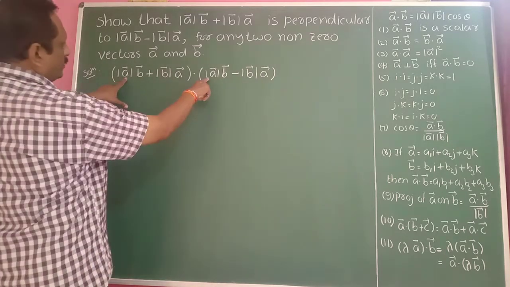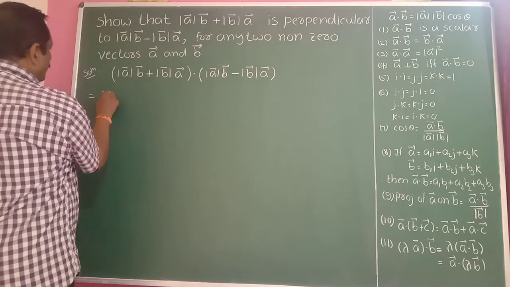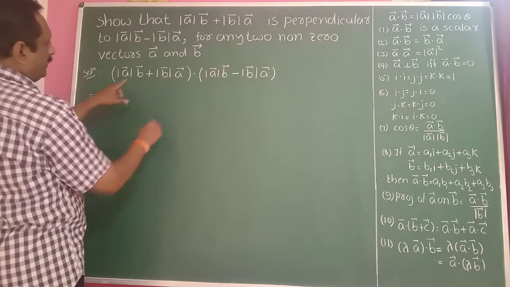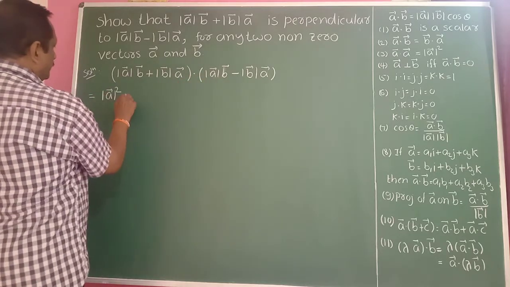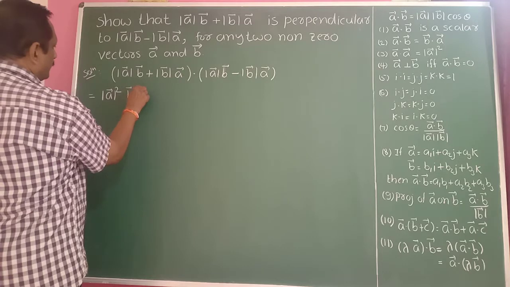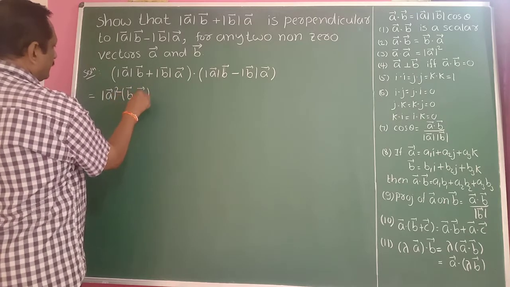Modulus of a bar into modulus of a bar gives modulus of a bar square here, b bar dot b bar here. So write here b bar dot b bar in a bracket here.